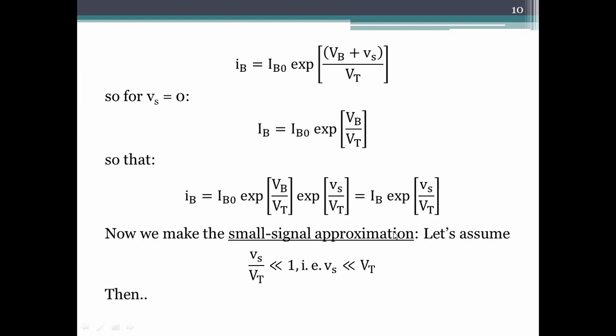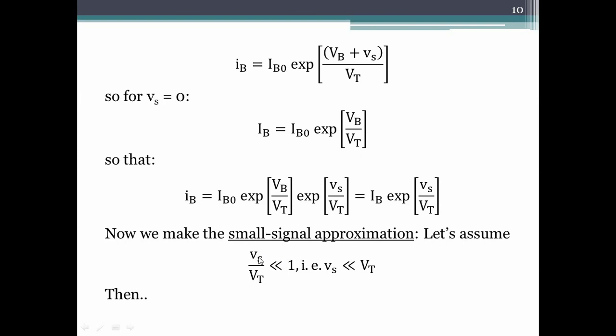We say let us assume that the input voltage magnitude, the Vs, which is a sinusoid, the magnitude of this input voltage divided by Vt is much less than 1. Actually I should have put a magnitude here because this is a time varying signal.